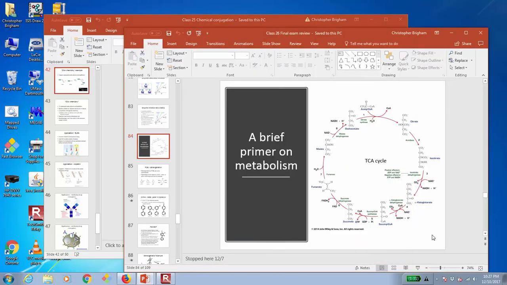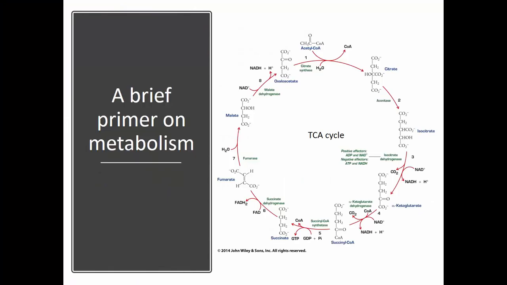Okay, and now to finish our discussion on the topics to study for the final exam. I gave you a brief primer on metabolism when last we talked. Basically it's this way.